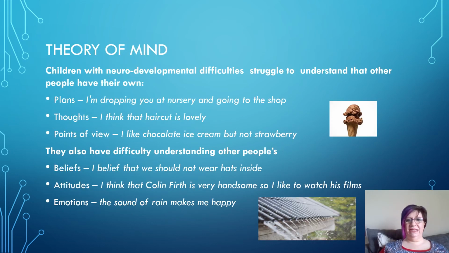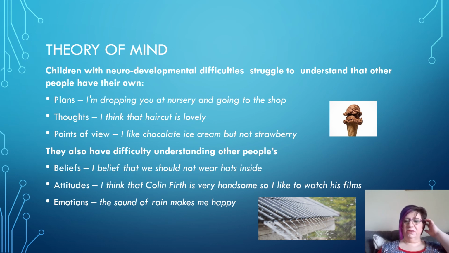Okay, so let's think about how your child might be struggling with theory of mind. I understand that other people have their own plans, but that's incredibly difficult when you don't have good theory of mind. This can be to such an extent.